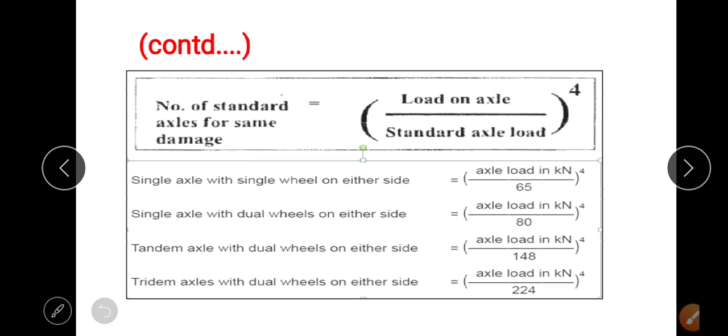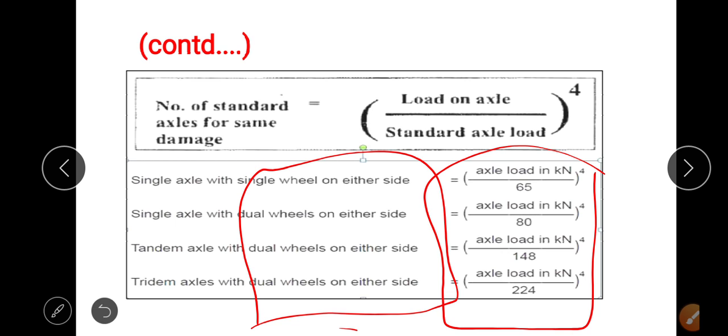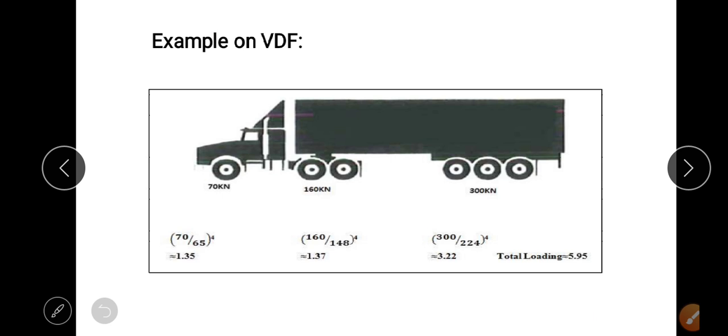If it is a single axle with dual wheels, as I have already shown along with the figure, then you have to consider this formula. For standard axle load, you have to take 65, 80, 148, 240, 224, depending upon the wheel assembly. Okay? Example of VDF.